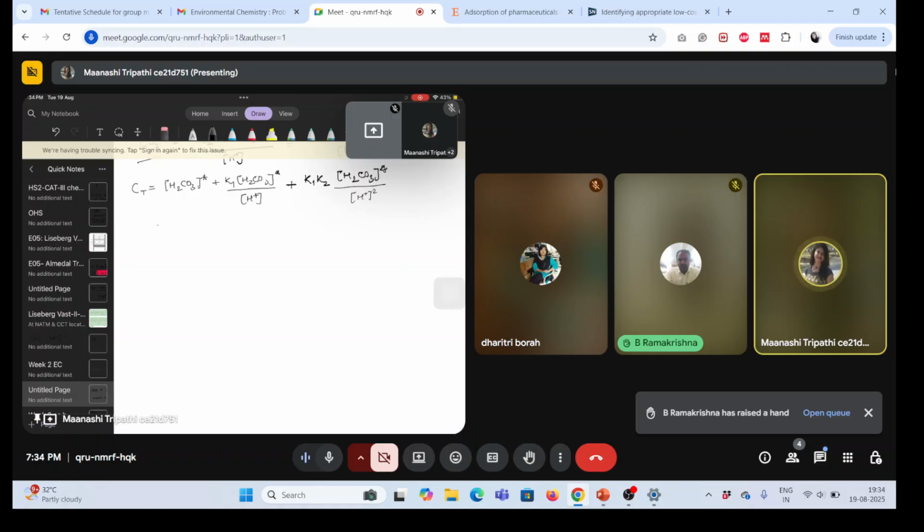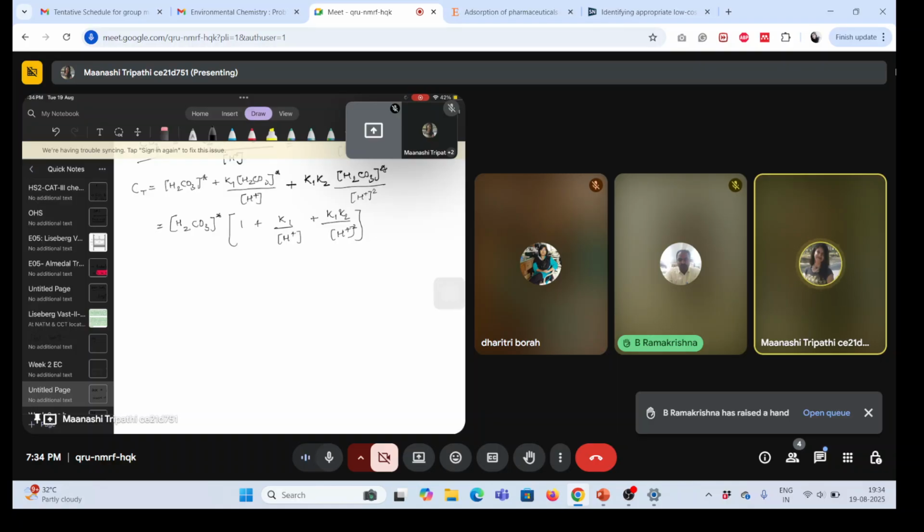If we take out H2CO3 star, we will get 1 plus K1 upon H plus plus K1 K2 upon H plus squared.